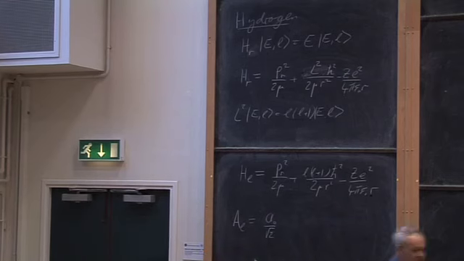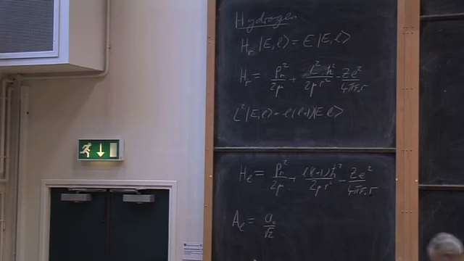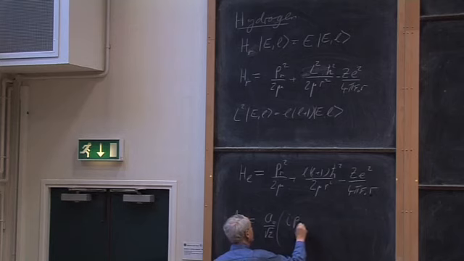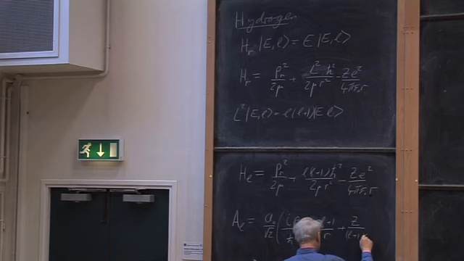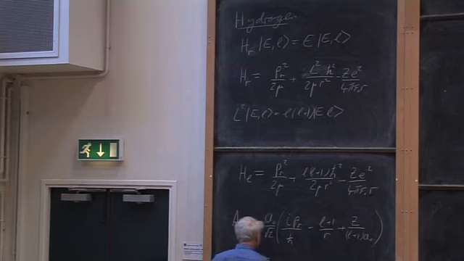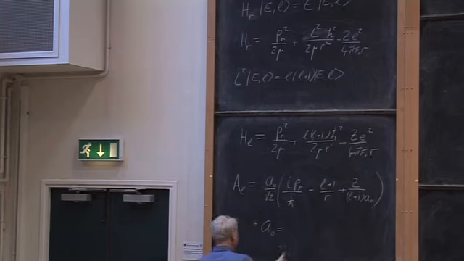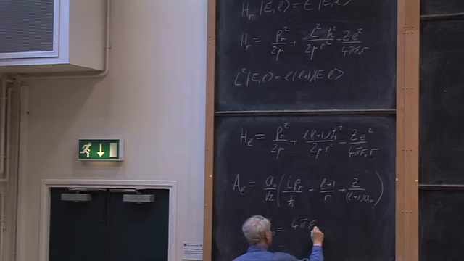I better write this down from notes rather than my memory, because these factors do matter. i P_R over h bar minus (L+1) over r plus Z over (L+1) a0, where a0 is the following not very helpful item: 4 pi epsilon naught h bar squared over mu e squared.